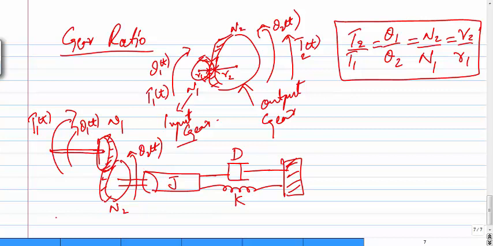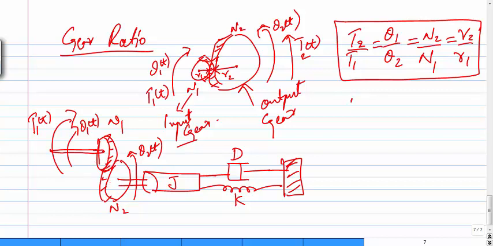Now this is what we get here. If we want to write the equations, we can do that because there's only one torque applying here. If we convert that torque and convert here, we can use this.